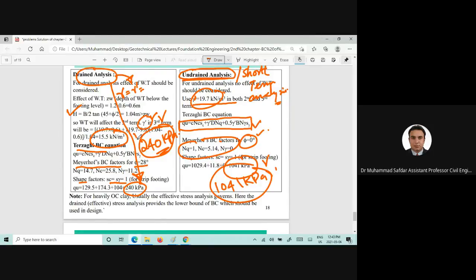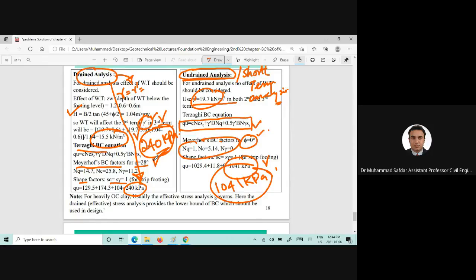Now, in the case of over-consolidated clay, as Ibrahim said, we will pick the lowest value because we are concerned about the drained analysis. If you remember from the theory discussion, we talked about stabilizing the pore water pressure, the negative pore water pressure, and the increase in shear strength of the soil in the case of over-consolidated clays. Therefore, the lowest strength is obtained in over-consolidated clay when we wait for those negative pore water pressures to stabilize, and we will get the lowest shear strength of the soil.